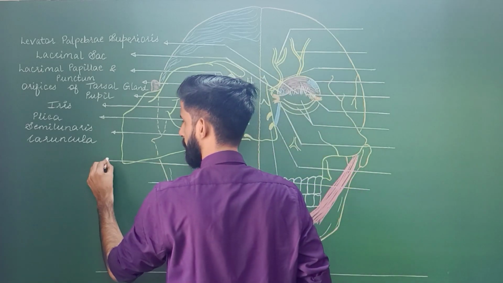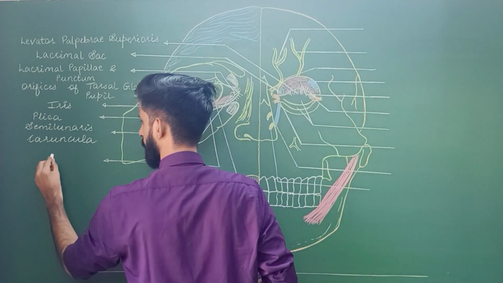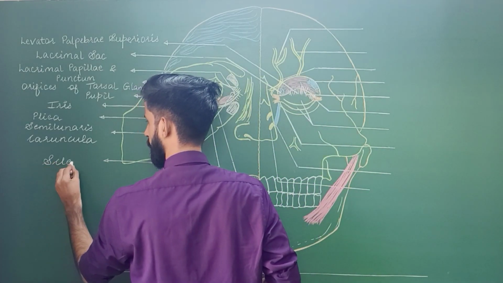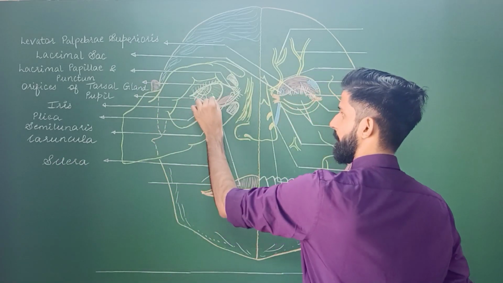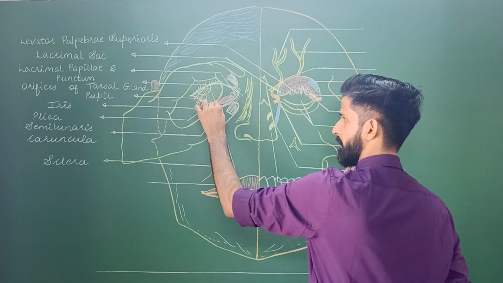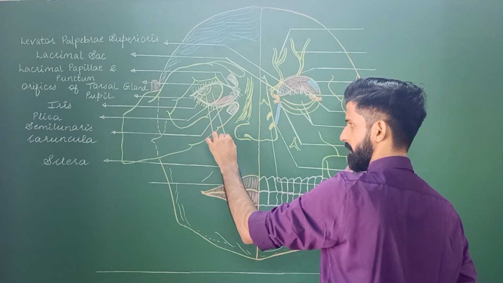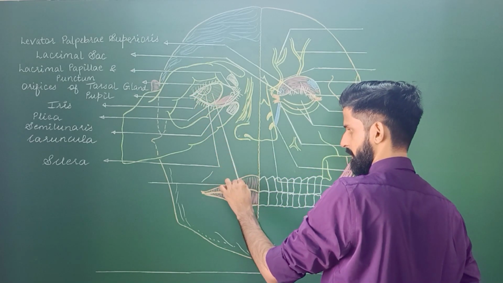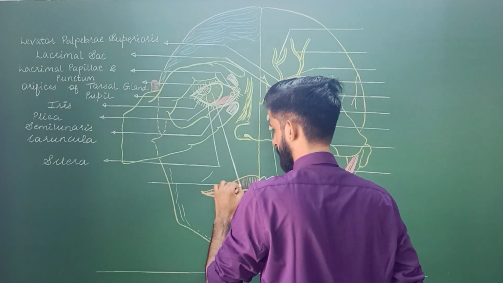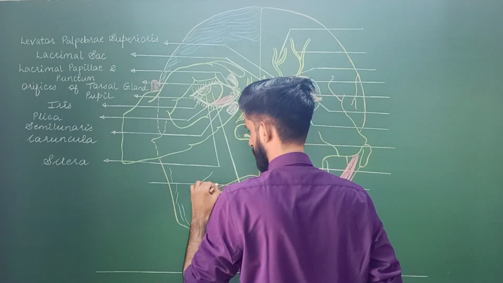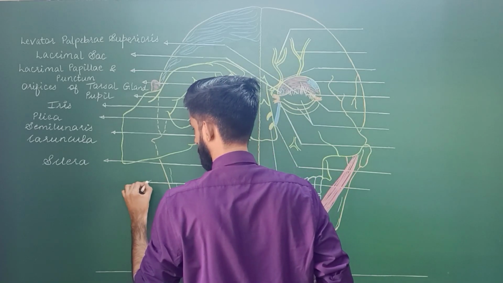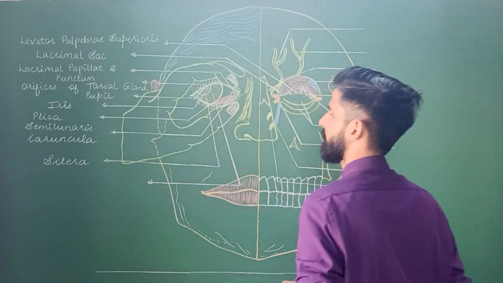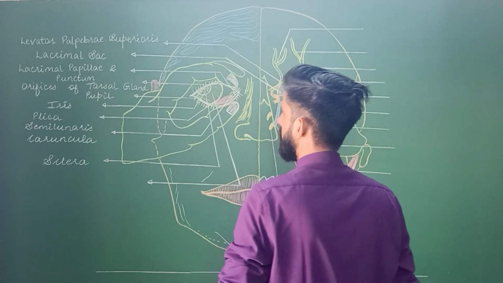Followed by these covering. This is the conjunctiva. Conjunctiva, which is covering the sclera. Alright, let's do one thing.